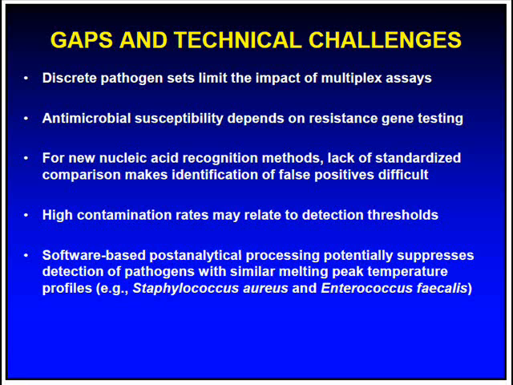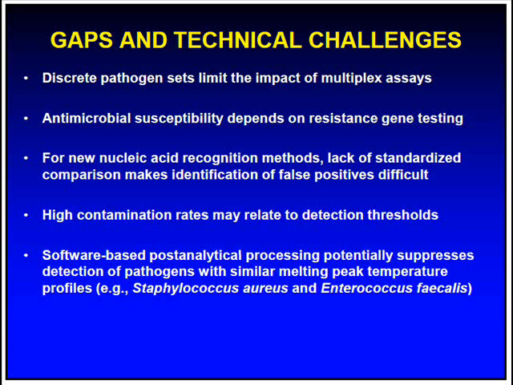One of the gaps is the discrete test menu with multiplex assays limits the impact of the assay. Resistance gene testing is needed to provide antimicrobial susceptibility data to clinicians. Current multiplex assays do not have antimicrobial susceptibility data or resistance gene testing.